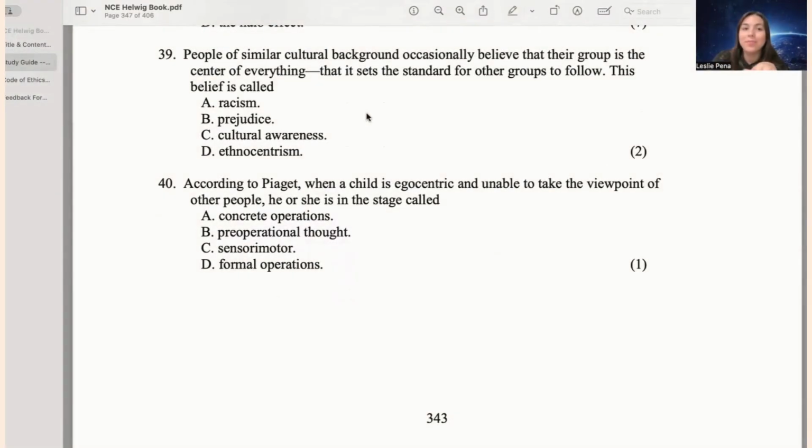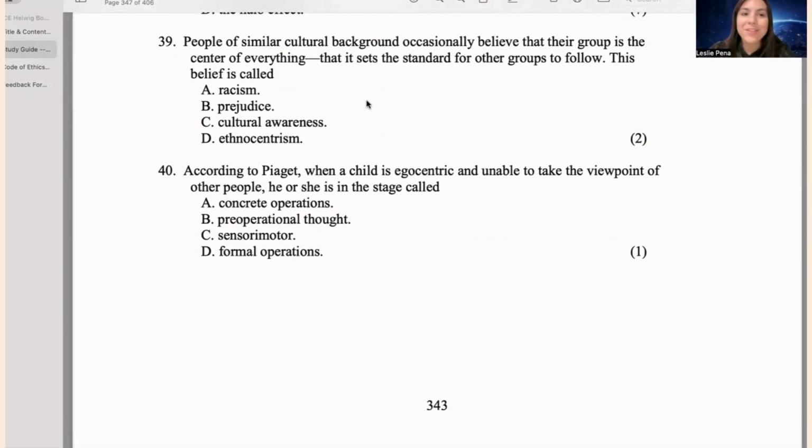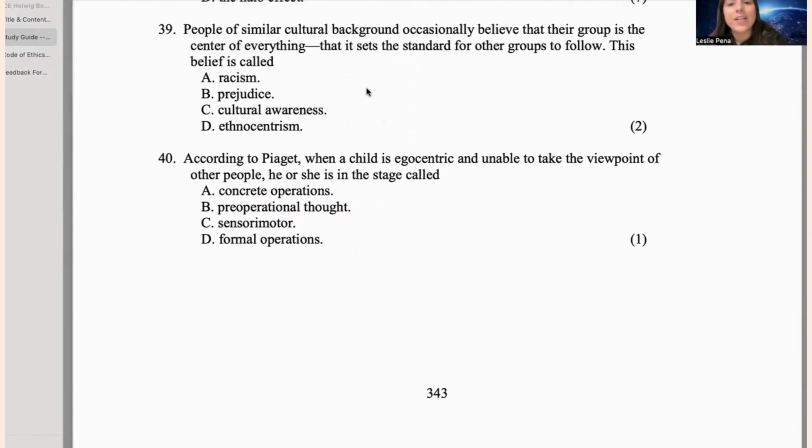Ethnocentrism. Number 40. According to Piaget, when a child is egocentric and unable to take the viewpoint of other people, he or she is in a stage called what? So, Piaget has this theory of development. I've gone over it in detail in other videos, in the one about development, where it's labeled. Anyway, I'm not going to go through what every stage consists of, but being egocentric is like you're a child who thinks that, for example, when I was a child, I thought the sun and the moon would follow me everywhere I went.